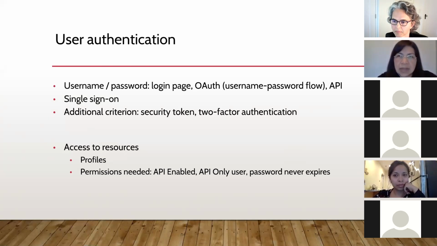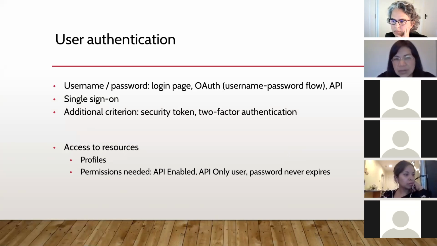This is when, for example, you have another provider, such as Gmail, you log into Gmail and then connect it to Salesforce, and there is no need to provide any more username or password in Salesforce because you are already signed on with another provider. You can also add additional criteria for your authentication.